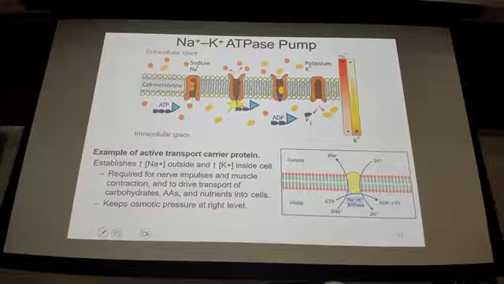An example of an active transport channel is the sodium potassium ATPase pump, and this pump basically establishes sodium at high concentrations outside of the cell and potassium at high concentrations inside of the cell. It also allows for nutrients and amino acids to pass through this transport system, and all of this is keeping the cell at the proper osmotic pressure required for proper cell function.